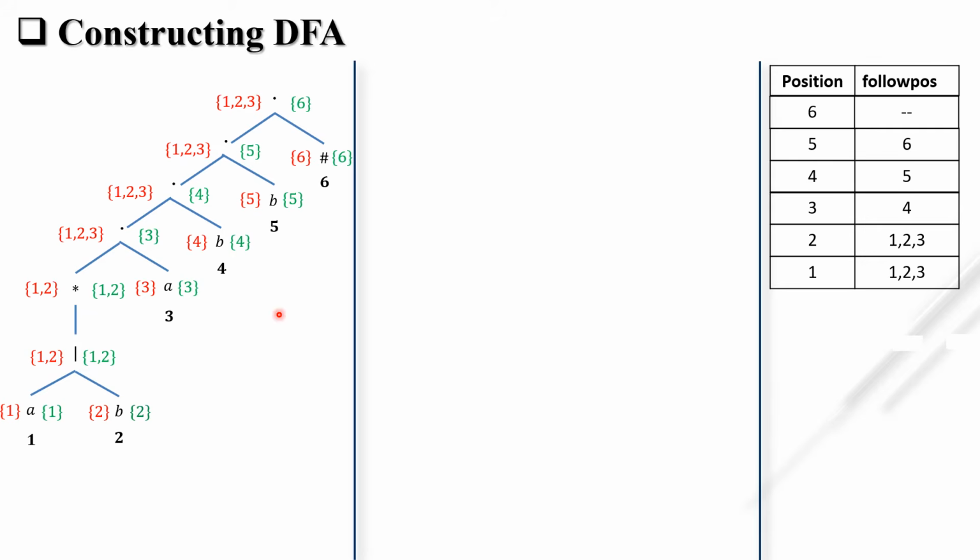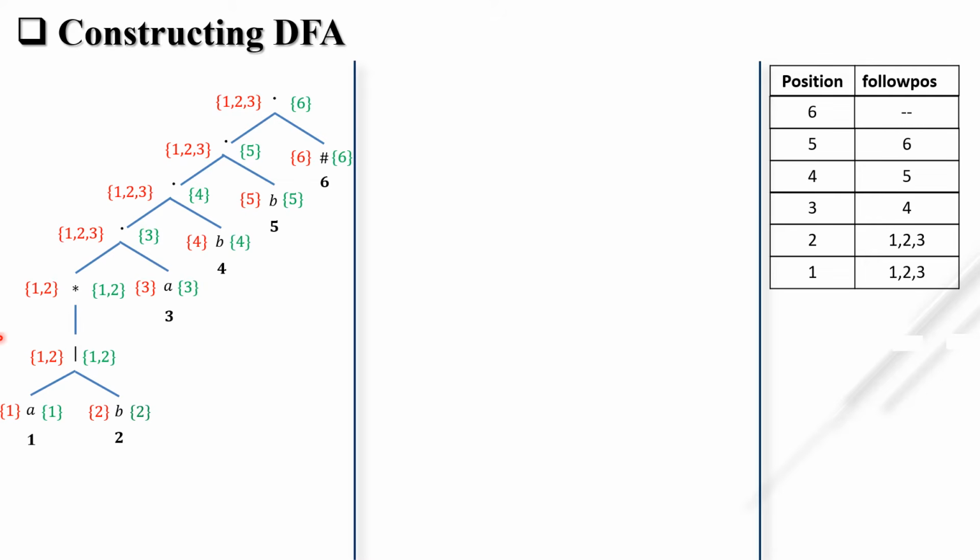As we have a total of 6 positions, that's why we have to write this 6th also. If we don't get any follow position, then we simply write null, nothing. Now with the help of this follow position table and this tree with the first position and last position, we have to construct the DFA. So what is the first step?